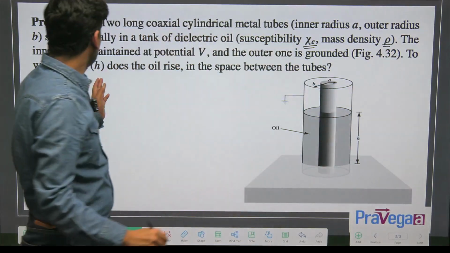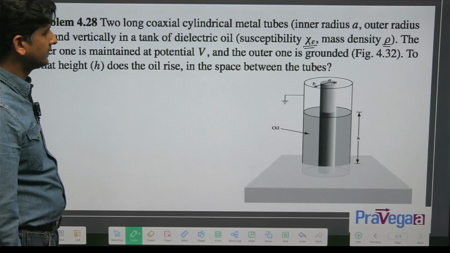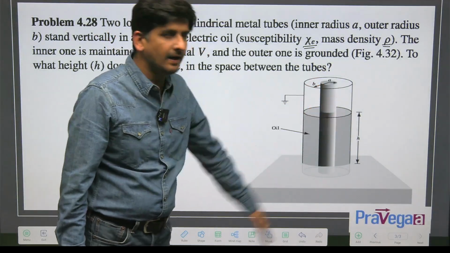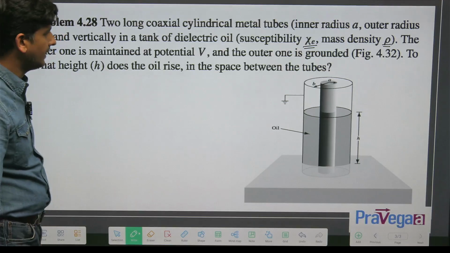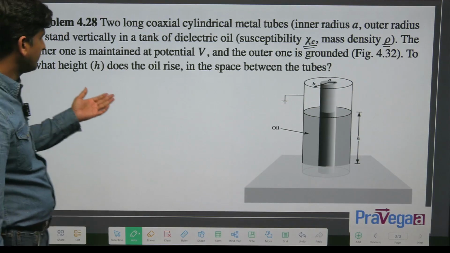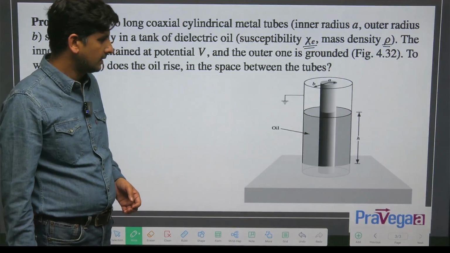The inner one is maintained at potential V and the outer one is grounded. That means the potential difference between inner and outer surface is capital V. To what height h does the oil rise in the space between the tubes?